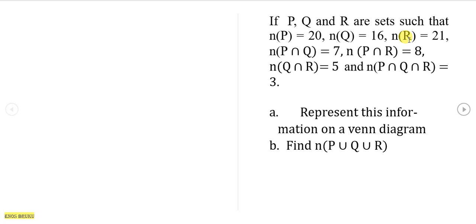A, represent this information on a Venn diagram. Then B, find the union of P, Q, and R.